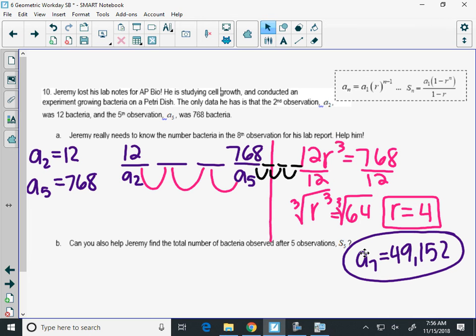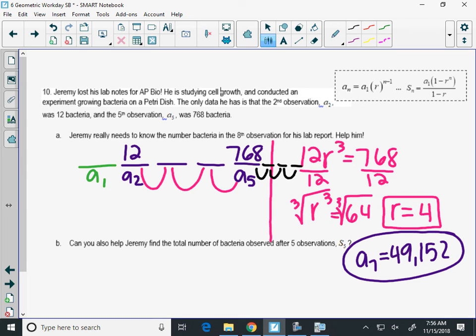I'm going to scoot down into the next part here. I'll erase in a minute. However, if you wanted to, you could work backwards. You could use the formula. You could say, okay, I need to find A sub 1. To go backwards, you would take 12 divided by 4, which is 3. So Jeremy starts with 3 bacteria, and then you could use your A sub n formula to find the 8th term.